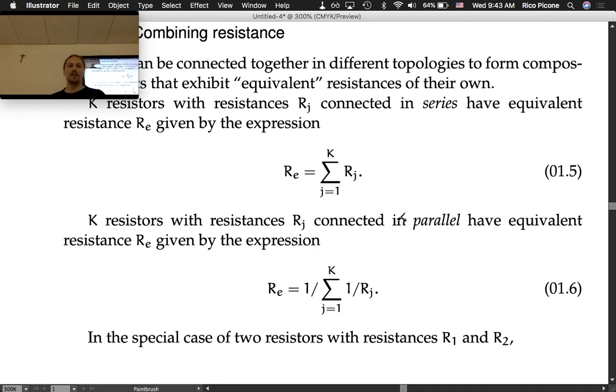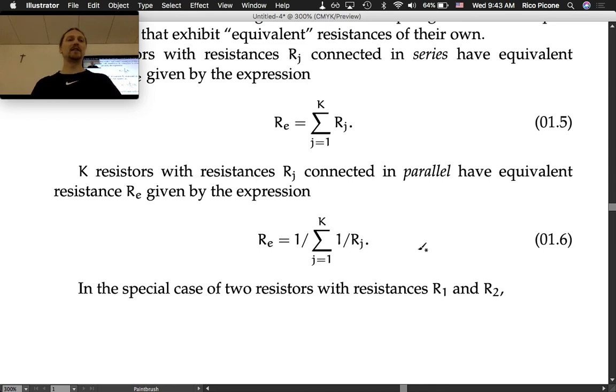K resistors with resistances Rj connected in parallel have equivalent resistance Re given by this expression, which is 1 over the sum of 1 over the resistances. Okay.